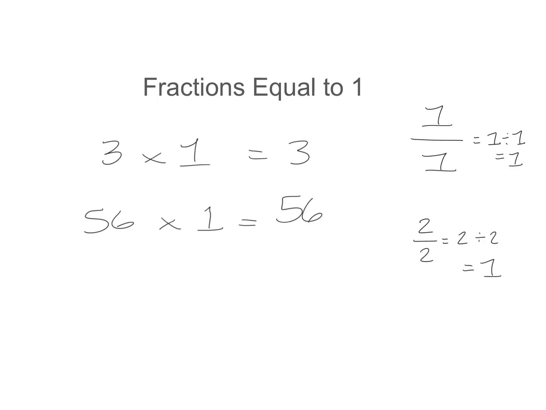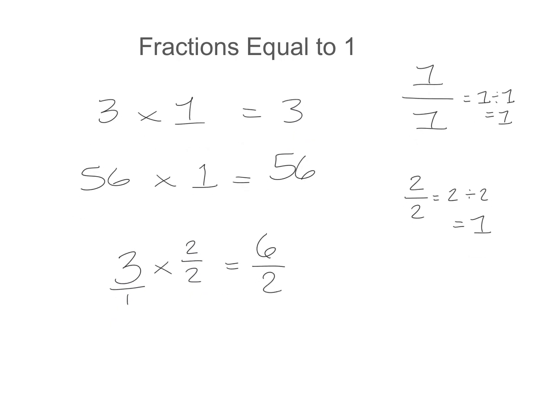So if we take our 3 example here and multiply it by 2/2, any number can be written over 1. This now becomes 6 halves. It looks different, right? These two look different.